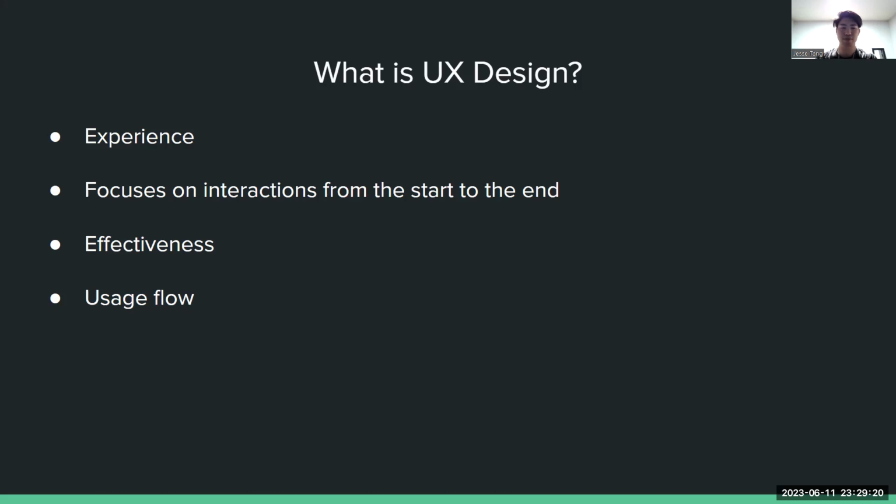So that brings me to usage flow. And usage flow of a UX design essentially just means that when you interact with the design of an application, users want to be able to feel very easy to navigate throughout the application.